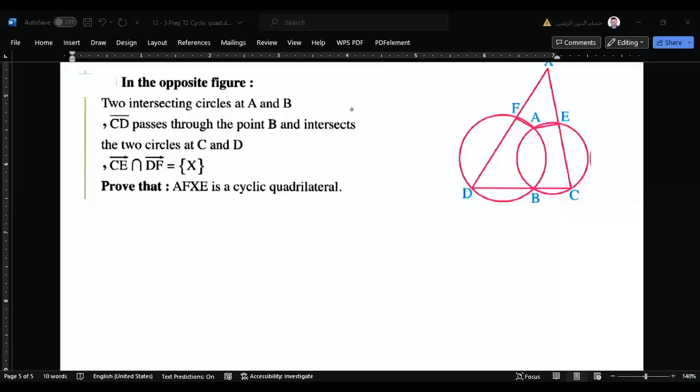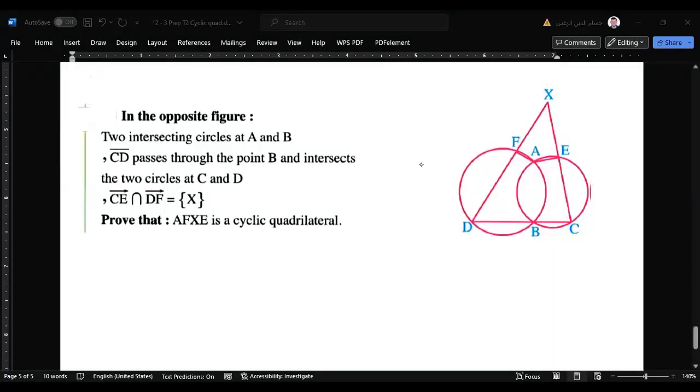And now let's take a look at another question.